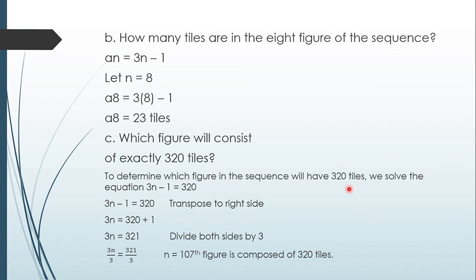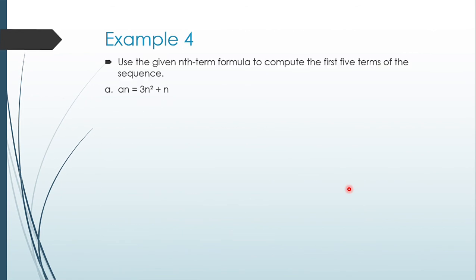So, next. Example number 4. Use the given nth-term formula to compute the first 5 terms of the sequence. An is equal to 3n squared plus n. So, ito, binigyan na kayo ng formula.